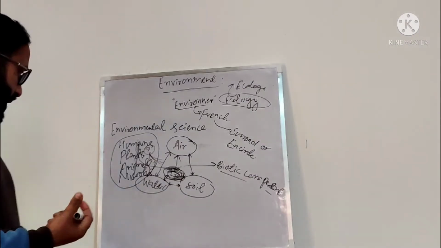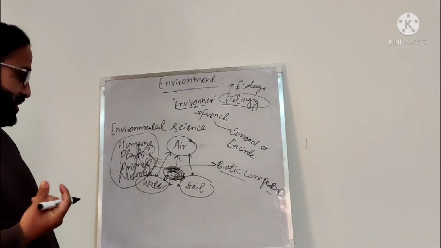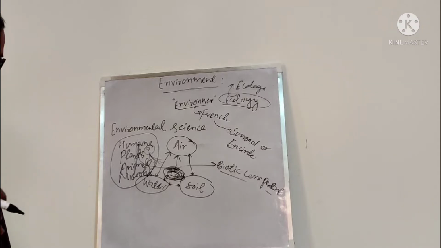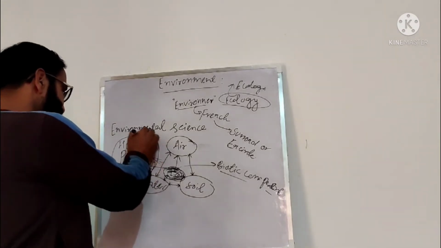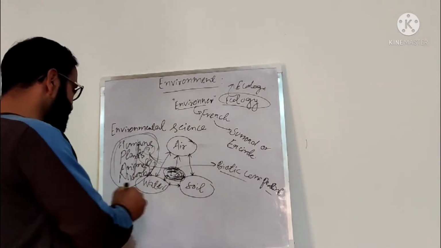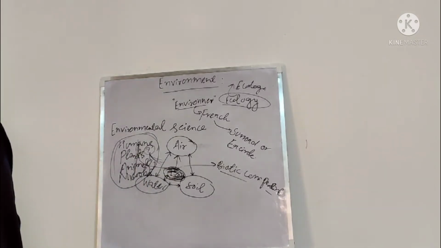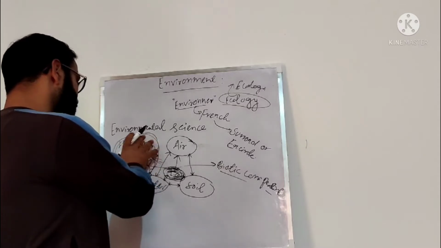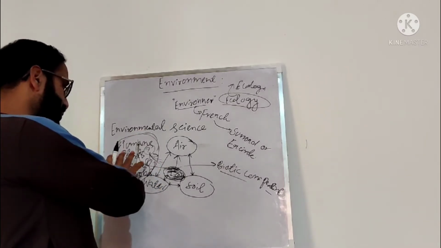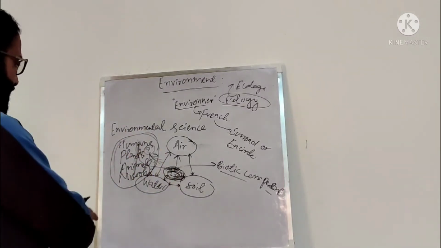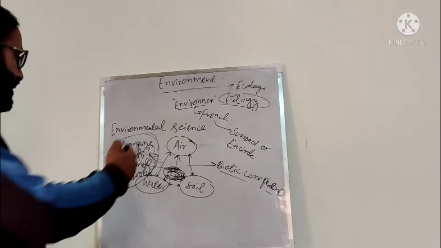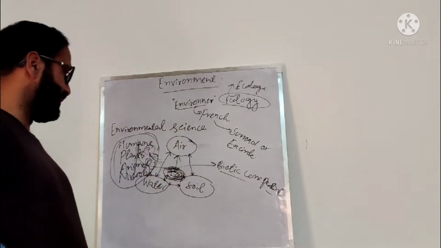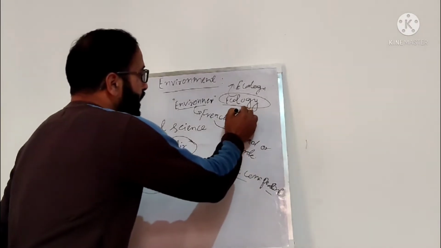In ecology, we are studying the relationship that exists within living organisms, within humans, plants, animals, microbes, and also with their physical environment. So we are studying interactions which occur within this biotic component, and interactions of this biotic component with the physical component of the environment.